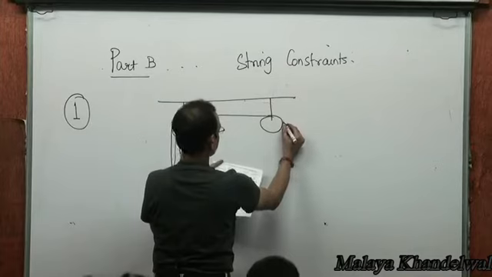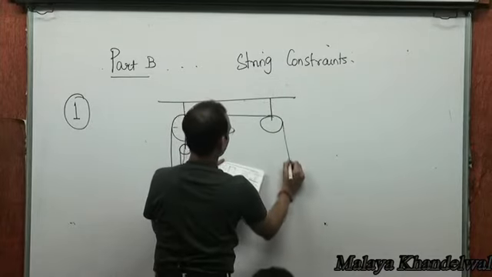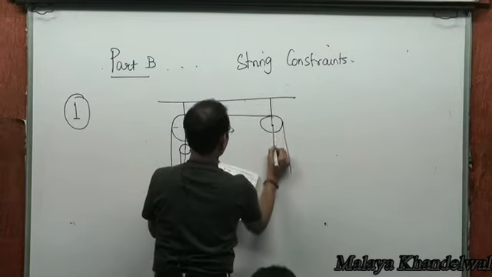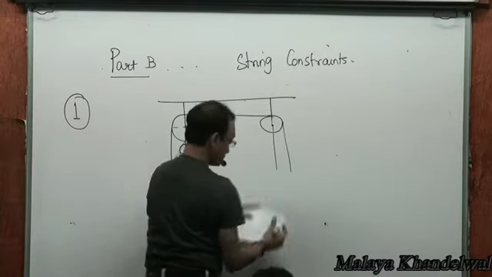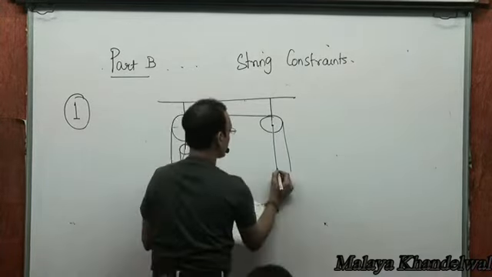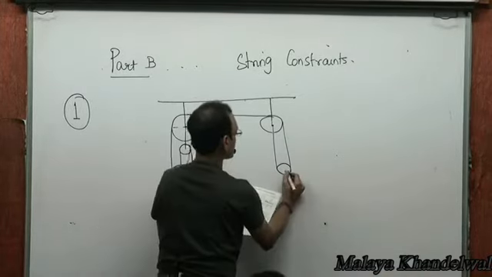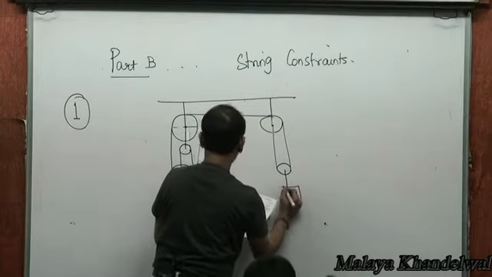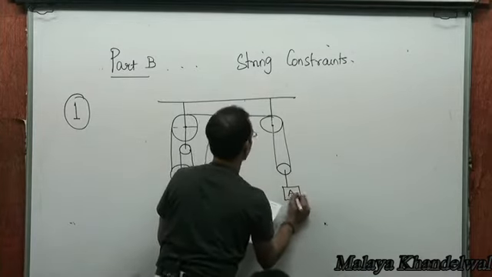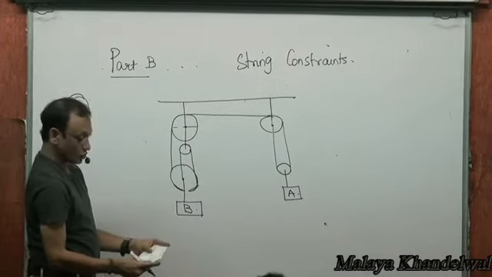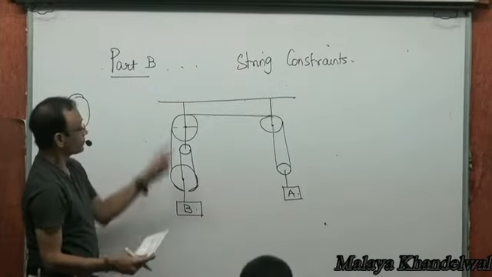Pulley like this. One like this, and there is a block A like this. Do you all understand what's happening here?